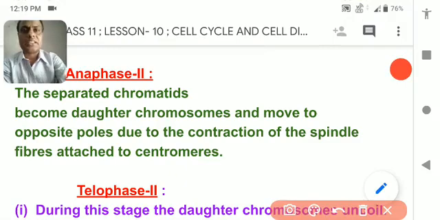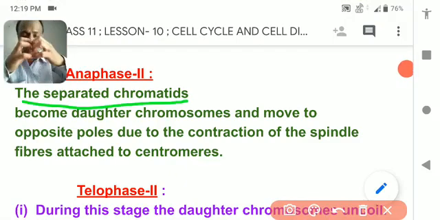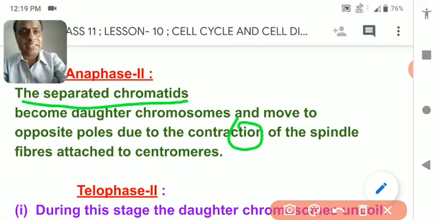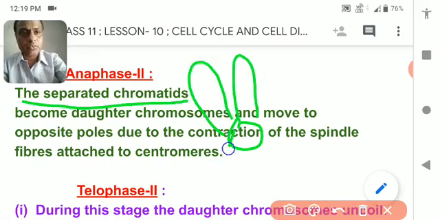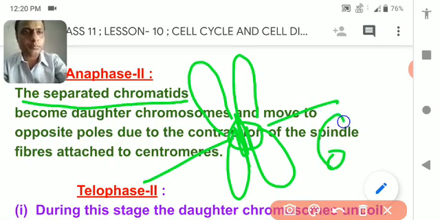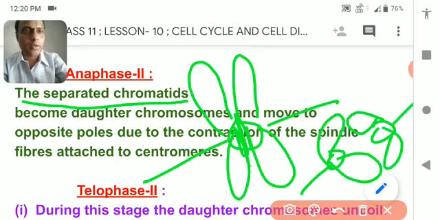During anaphase stage, the chromatids get separated due to breaking of the centromere. You can see this is the centromere and these are the chromatids. So the centromere breaks over here and the two chromatids pull toward the opposite pole by the shortening of the spindle fiber.